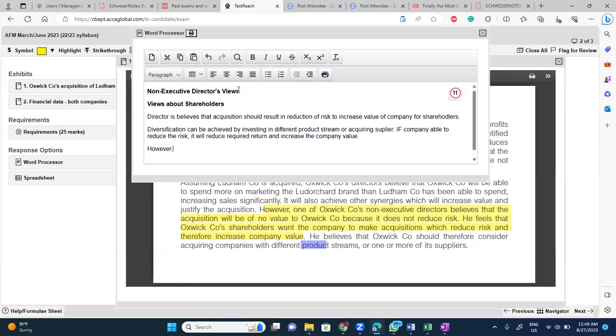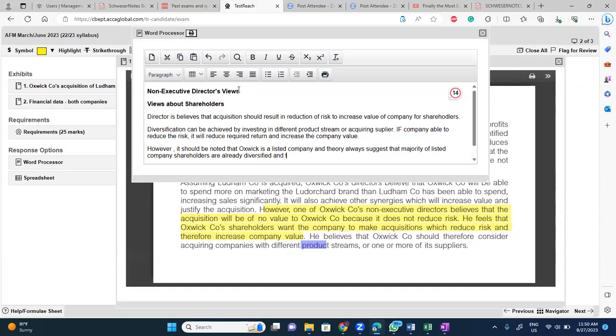However, it should be noted that Oxwick is a listed company, and theory always suggests that the majority of listed company shareholders are already diversified.